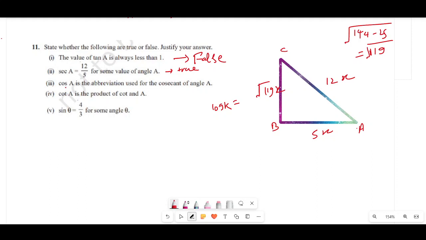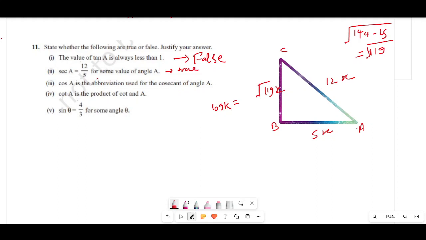Come to the third portion. Cos A is an abbreviation used for the cosecant of angle A. Clear? Cos A is the abbreviation used for cosecant of angle A. This is not right. Clear?